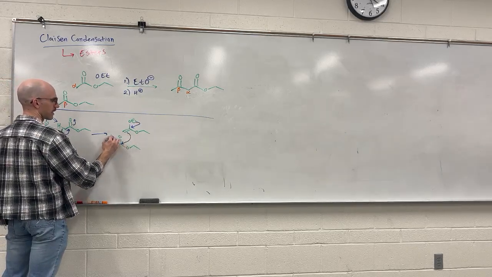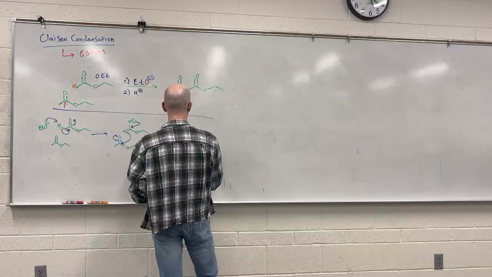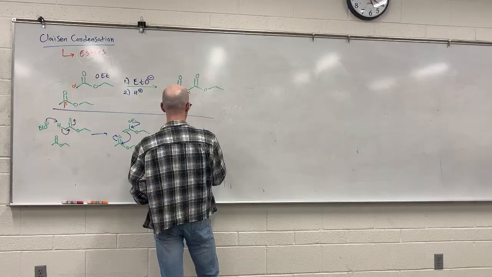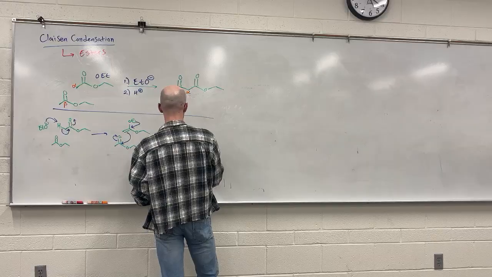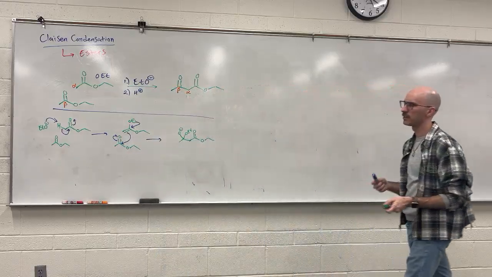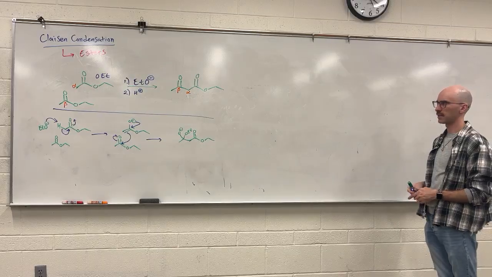Alpha carbon attacks the carbonyl carbon. That's how my beta comes into existence. I forgot something, as I often do. Actually, a couple of things. So as you're copying things down, I'll fill these in.